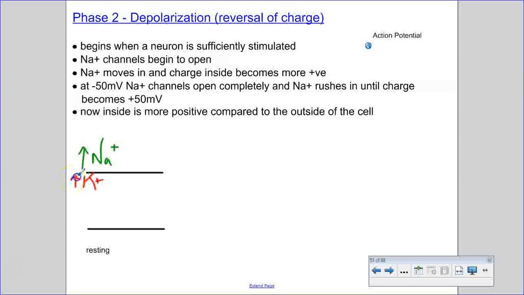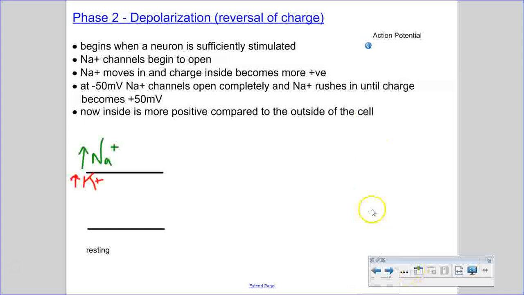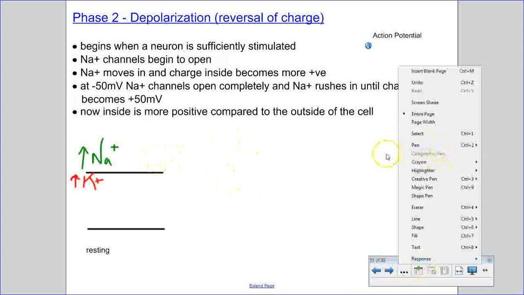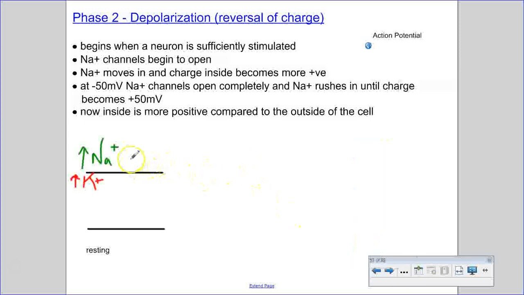We also said that the net charge is positive on the outside and negative on the inside.